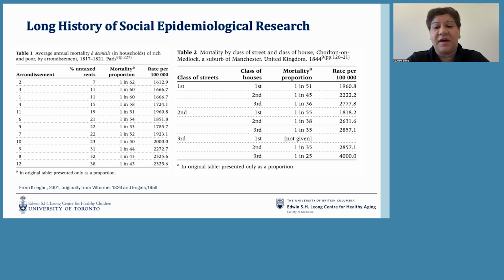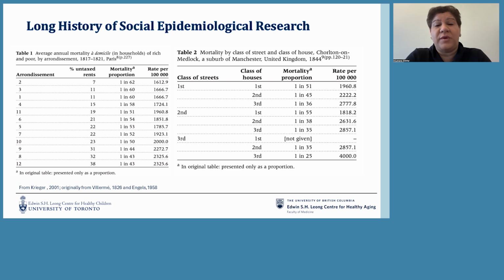On the right-hand side is a study that was conducted by Engels, and similarly, the objective was to figure out if mortality differed by your social conditions. And in that case, Engels looked both at the social conditions of the street on which you lived, and the house quality on that street.